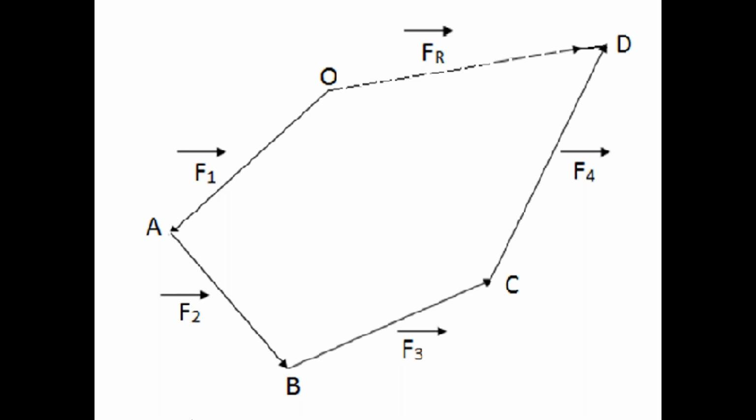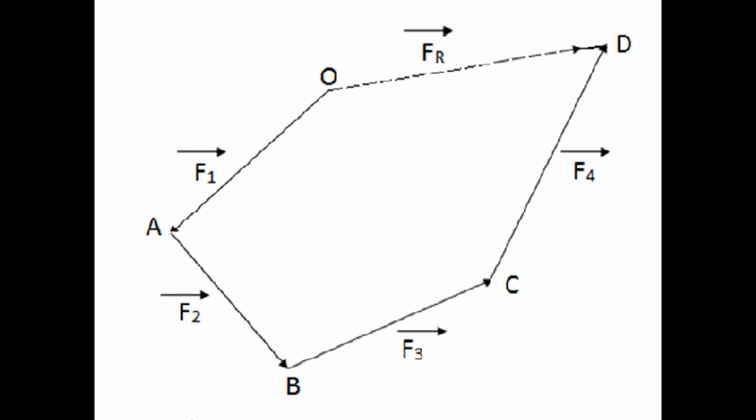Like that, take the forces acting on the rigid body as the sides of the polygon in the same order. If that polygon is an open polygon, then the last closing side is from starting point to the ending point. The closing side of the polygon is the resultant force of all these forces.